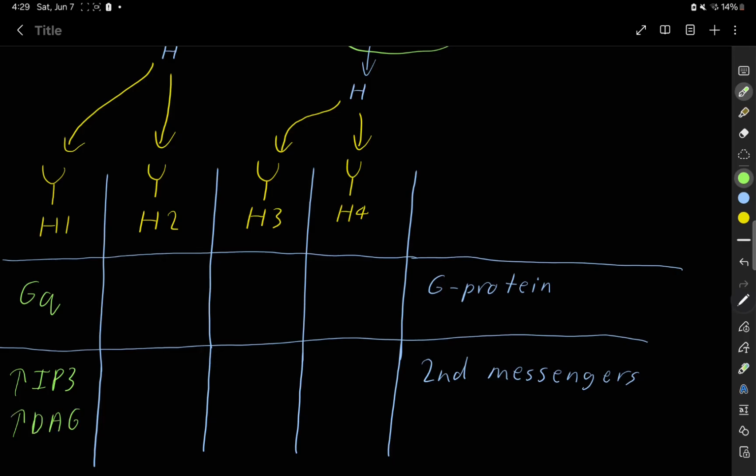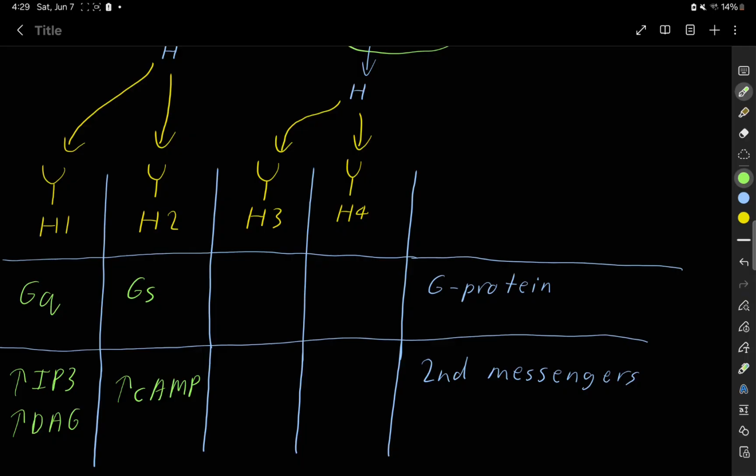And these second messengers can go off and produce various responses. Now H2 receptors, on the other hand, are linked to Gs proteins, and this increases the production of your second messenger cAMP, which is another second messenger that can go and do its own responses.